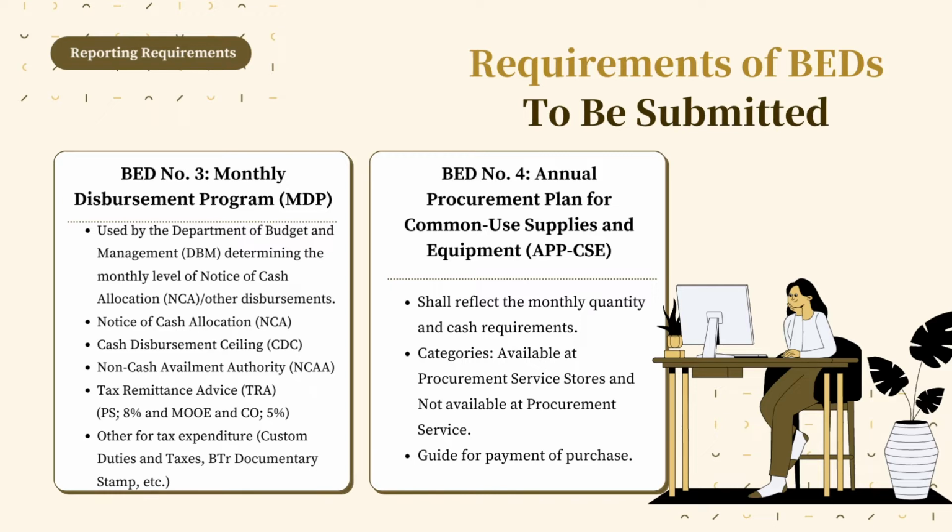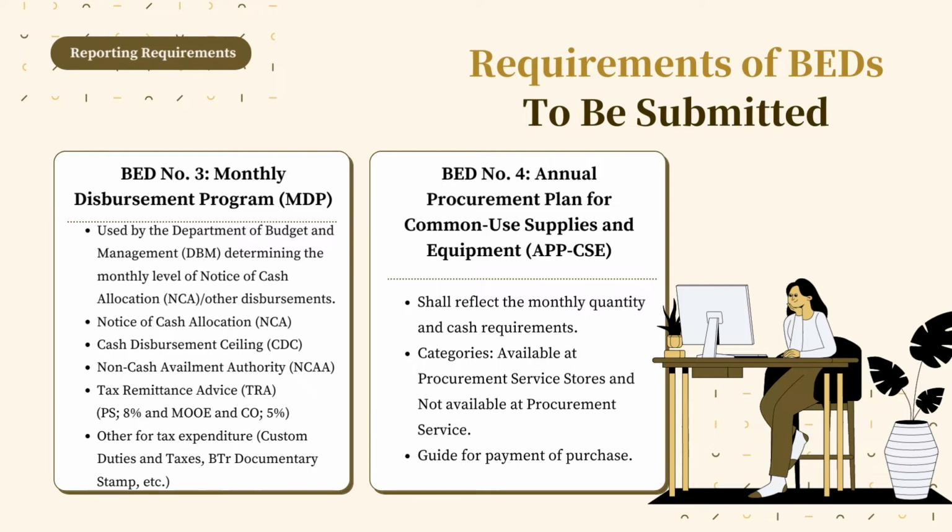So the total cash program to be covered by NCA for the budget year shall approximate the disbursement arising from the following sources such as budget year, automatic appropriation, and prior year's obligations.